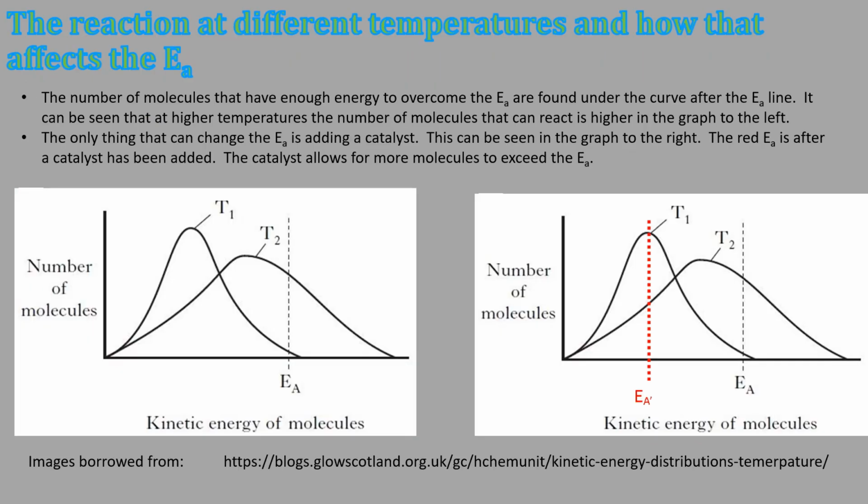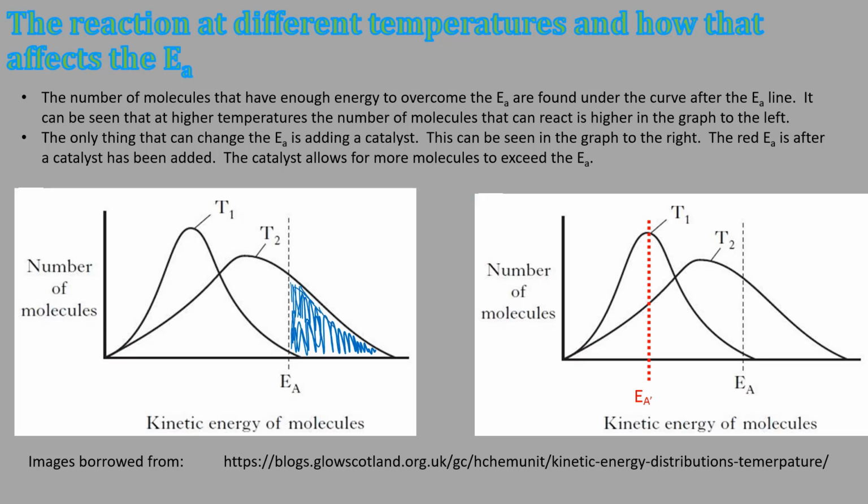All right, so the reaction at different temperatures and how that affects the energy of activation. If we look here in this first graph on the left, the number of molecules that have enough energy to overcome the energy of activation is seen under the curve. So for this reaction at temperature 2, because that line represents the second temperature, all of these molecules have enough energy to overcome the energy of activation.